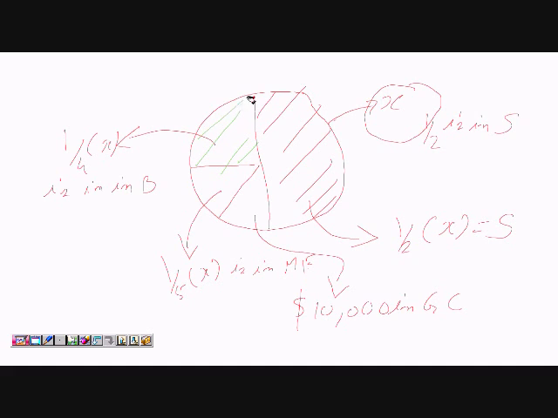The third piece is the mutual fund piece, and the last piece is the $10,000 in government certificates. So it's the addition of all these four things together.